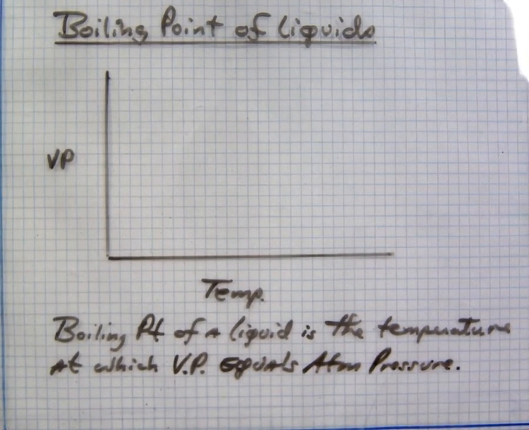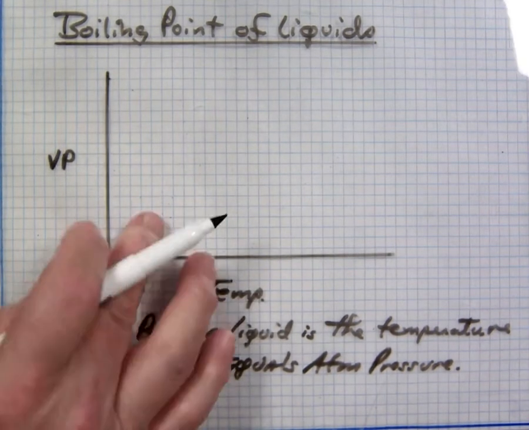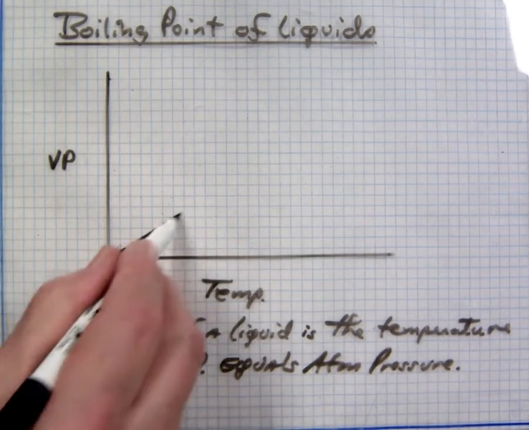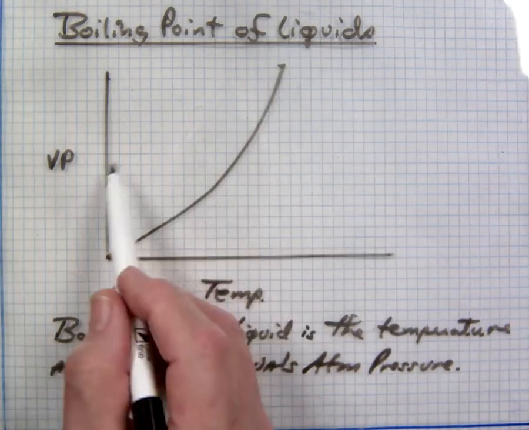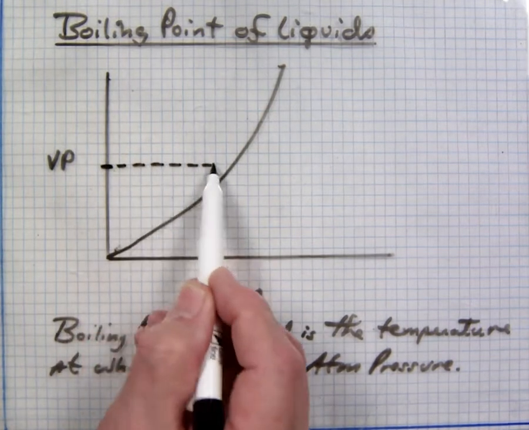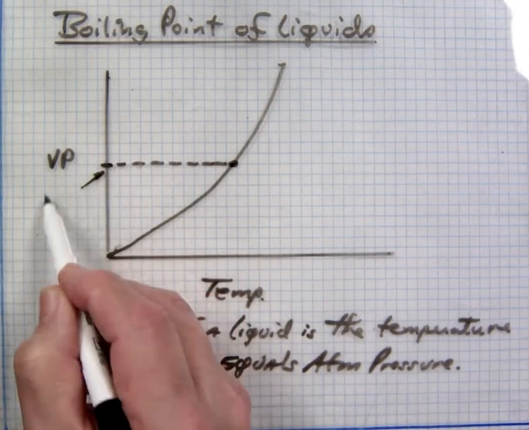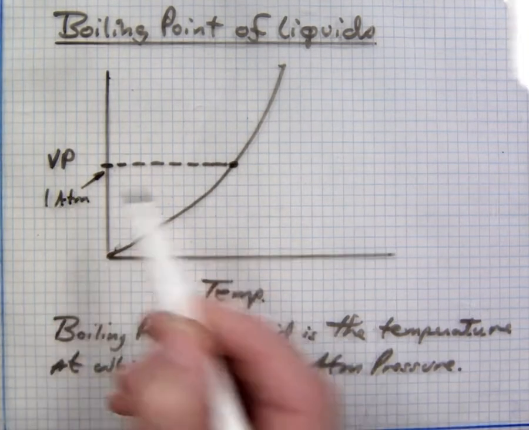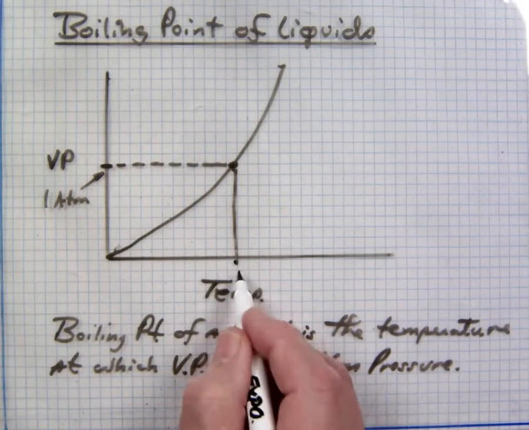For example, water, of course, would increase its vapor pressure as temperature increased, and you'd see it go up like that. If it stayed in the liquid phase, it'd continue to increase the vapor pressure as it evaporated. But if this is atmospheric pressure, say it's 1 atmosphere right here, you'd find that the temperature is 100 degrees Celsius.